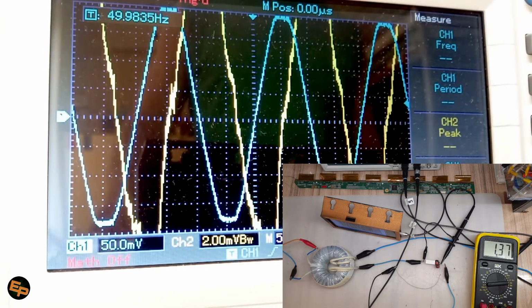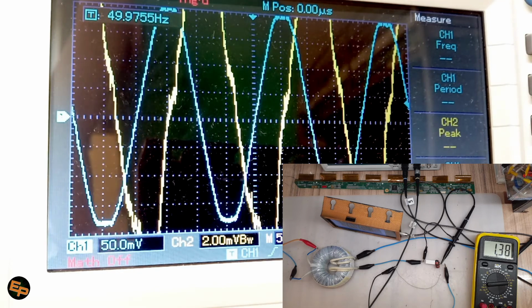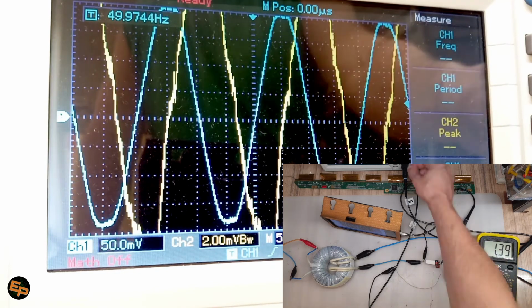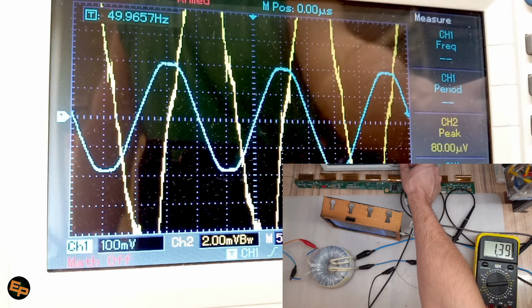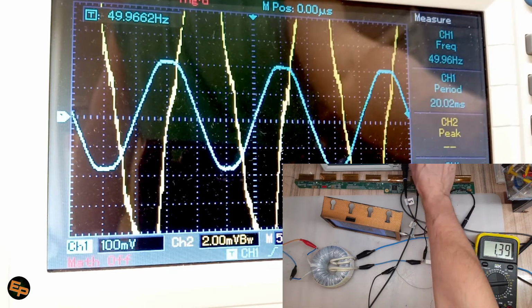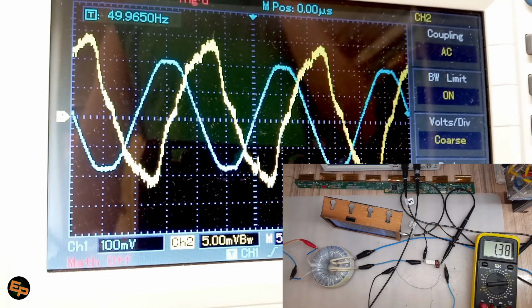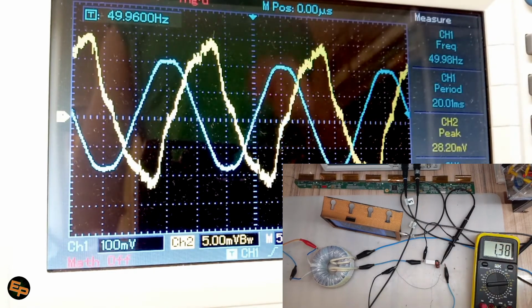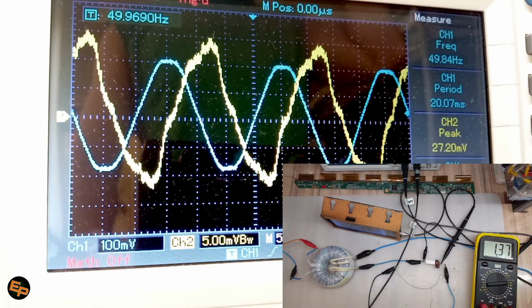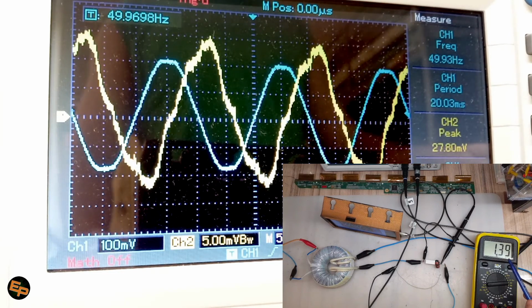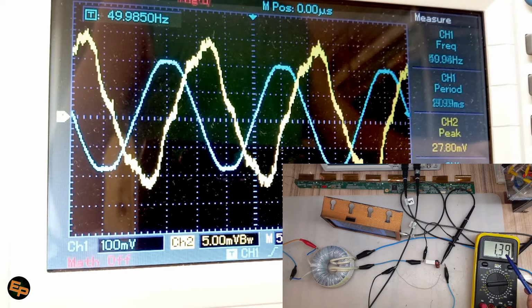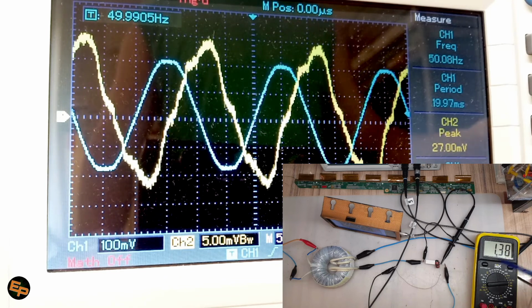Right. So I have about 1.4 amps right now, and let me scale down these waveforms. Okay, so now again we can confirm the value of the multimeter, about 1.4.